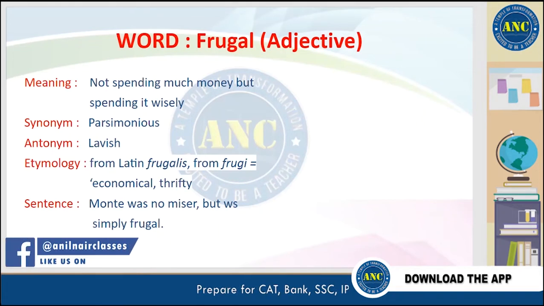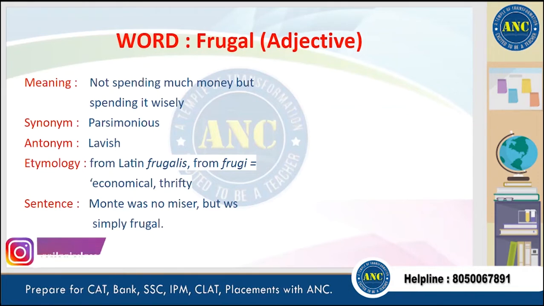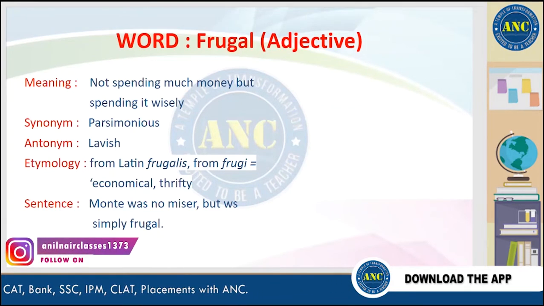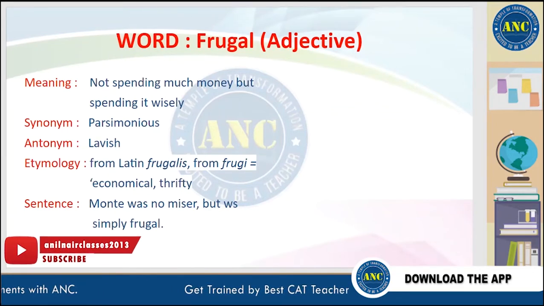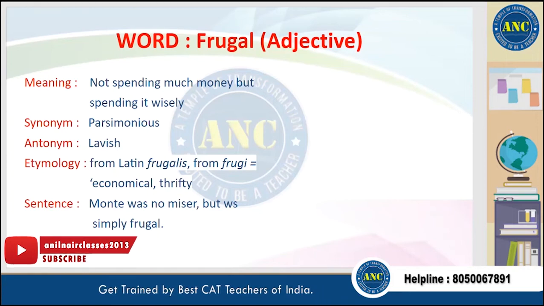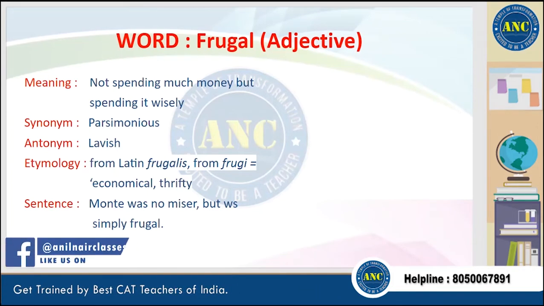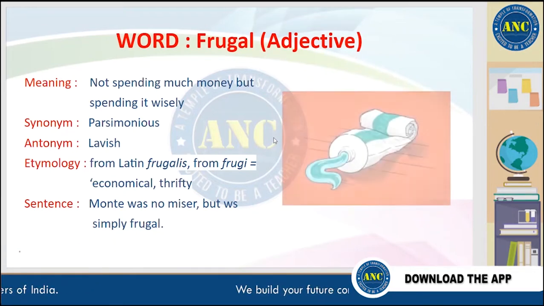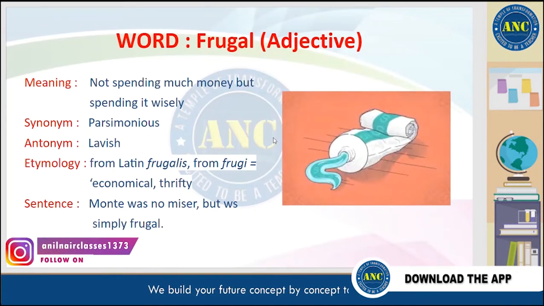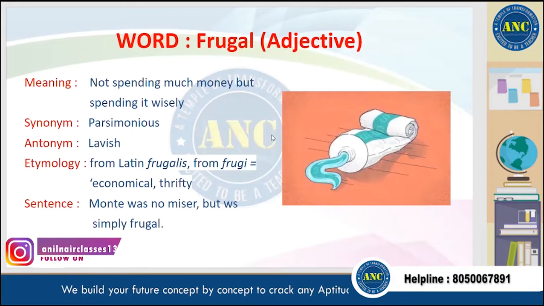A synonym is parsimonious, and an antonym is lavish or extravagant. Frugal derives from the Latin word frugalis, from frugi, which means to be economical or thrifty. A sentence you can use to remember is, Monte was no miser, but was simply frugal. Again, you can use the toothpaste analogy to remember this.